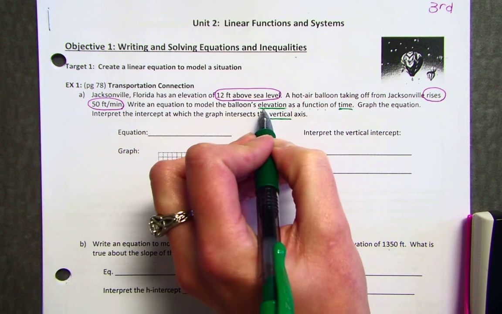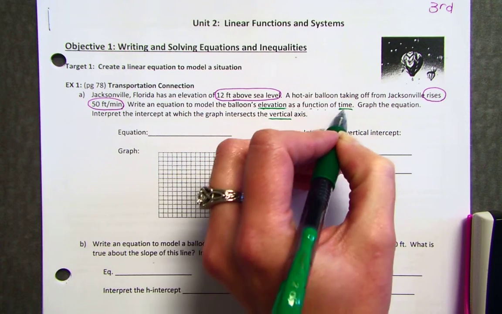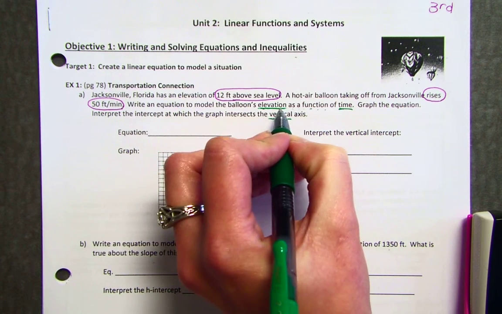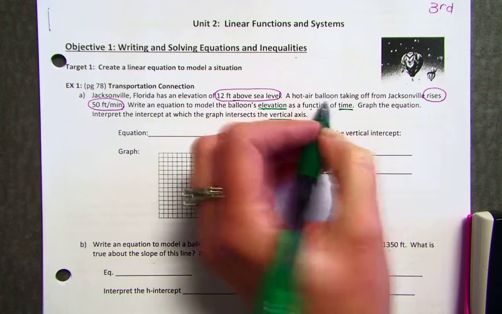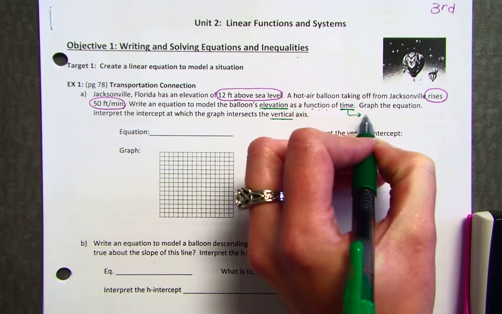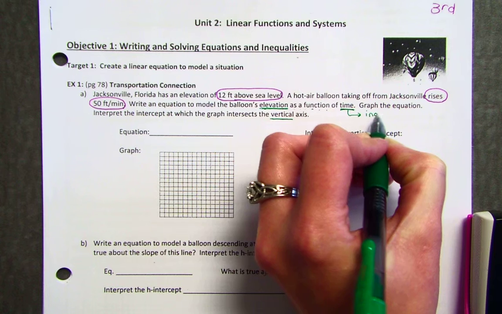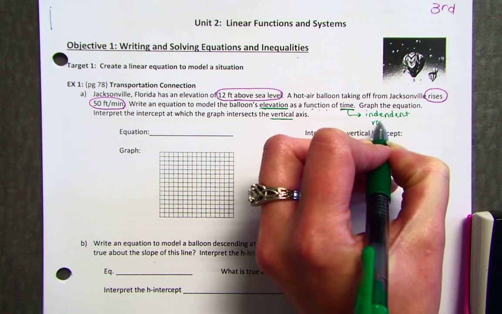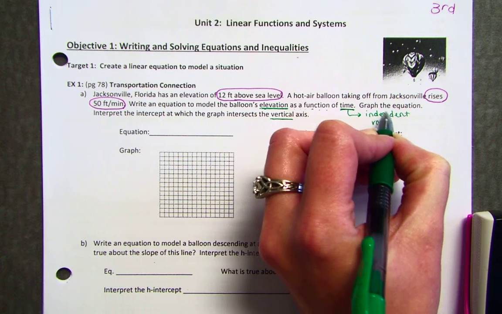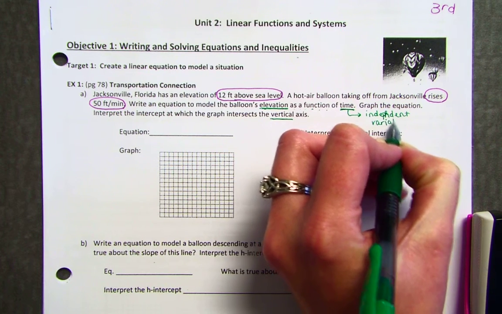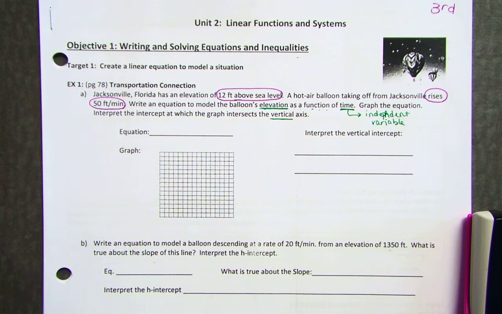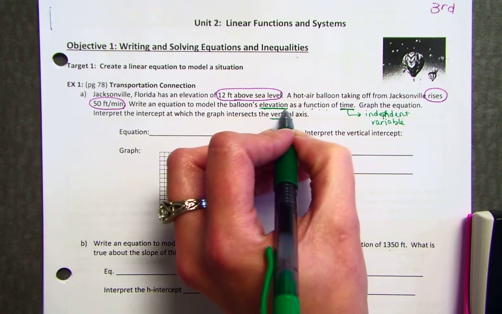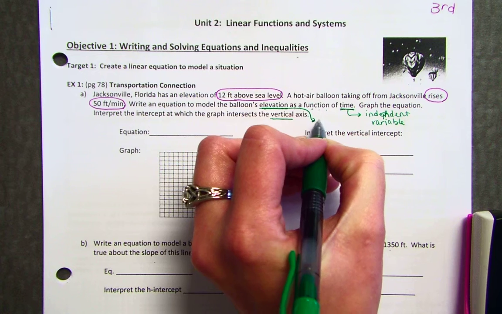Since I'm looking for elevation as a function of time, what that means is the elevation changes based on time. Time happens first. This is going to be our independent. Our independent variable is what changes, and the elevation is the result. That makes it our dependent.